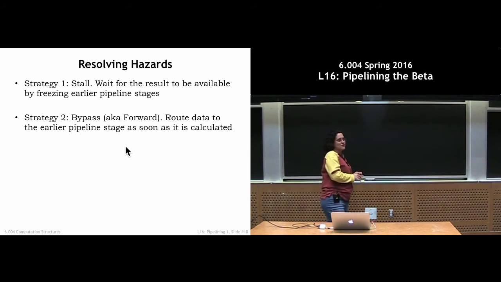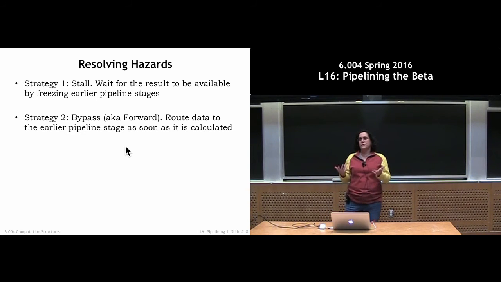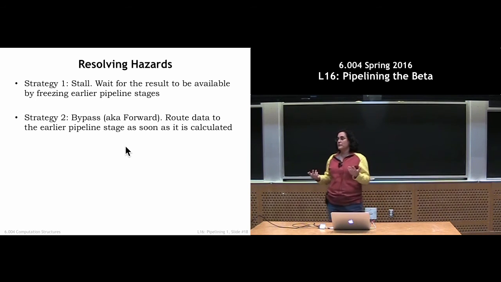The second strategy is what's called bypass. The idea is that even though my previous instruction doesn't write its result into the register file until the very end of the write back stage, that doesn't mean that I don't actually have the result of that execution earlier on, right?